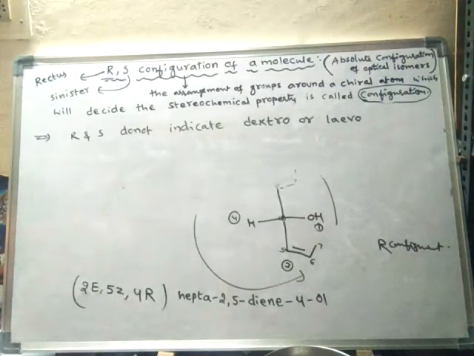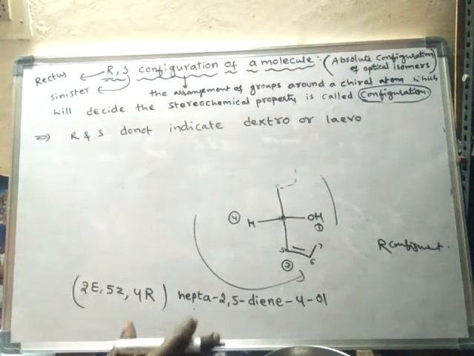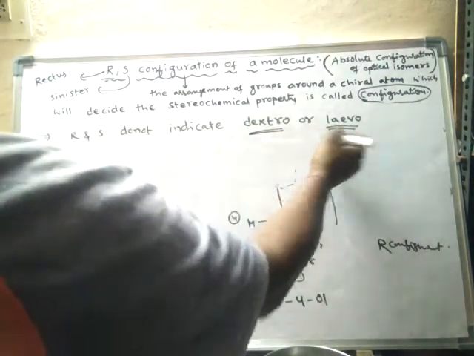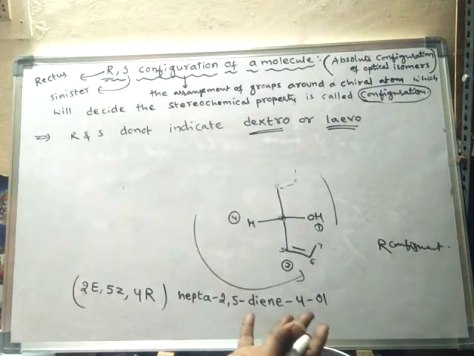Here the configuration is expressed by looking into the molecule, but not dextro and levo. Dextro and levo should be given based on experiments only.